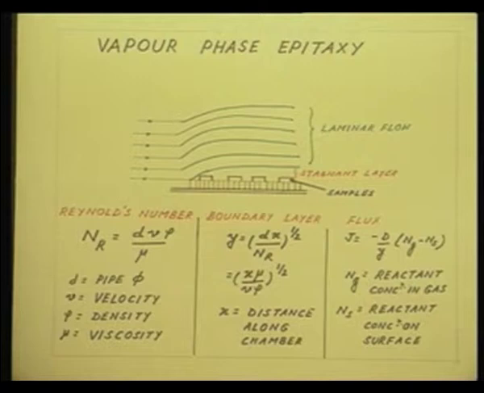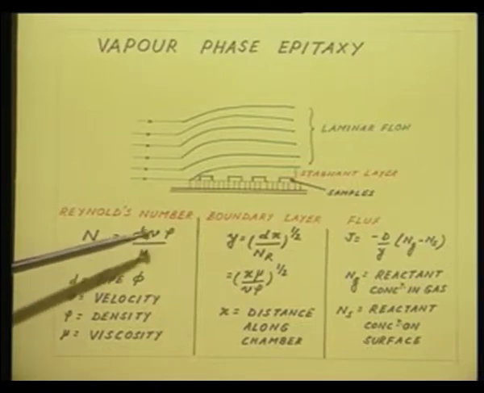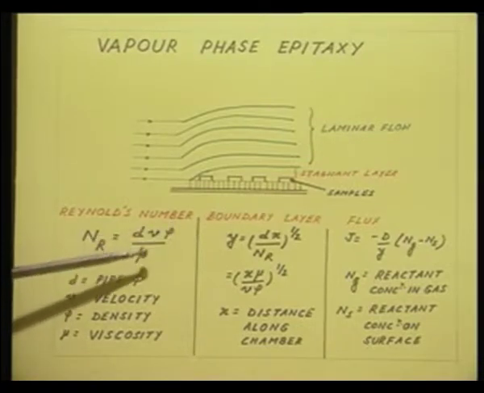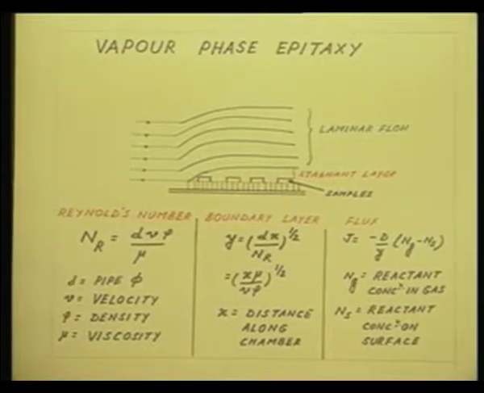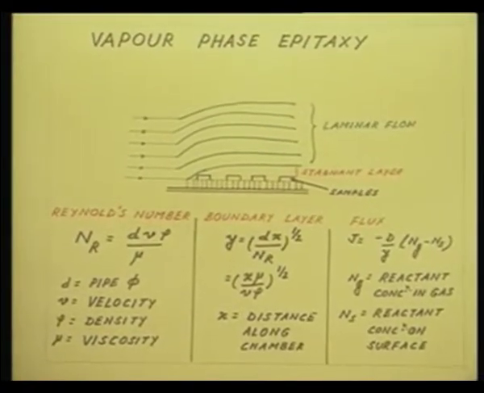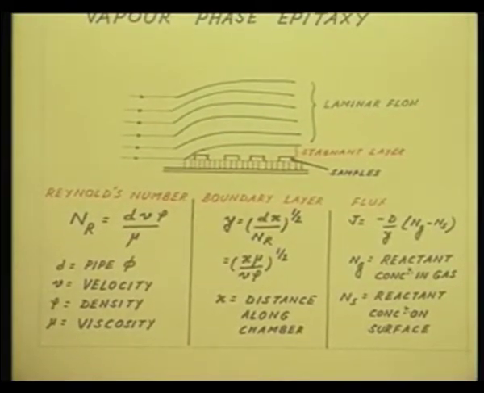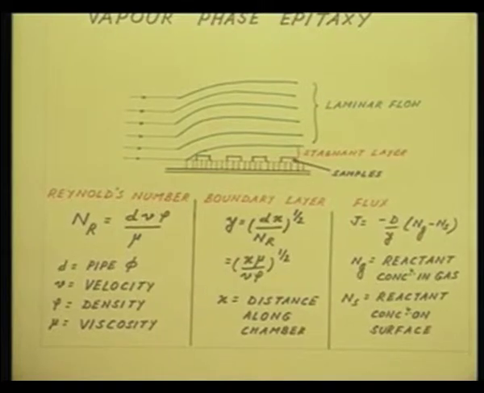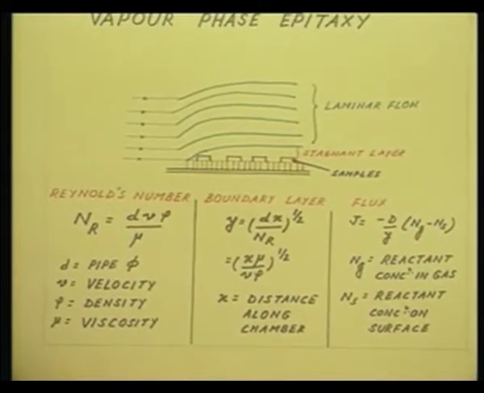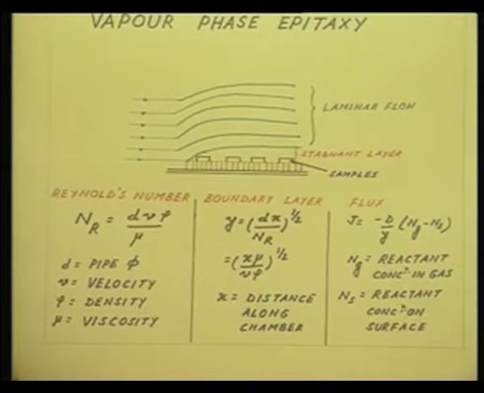First of all, the flow of gas inside a tube is characterized by the Reynolds number. The Reynolds number is given by Nr = d times V times rho divided by mu, where d is the diameter of the tube through which the gas flows, V is the velocity of gas flow, rho is the density of the gas and mu is the viscosity of the gas.